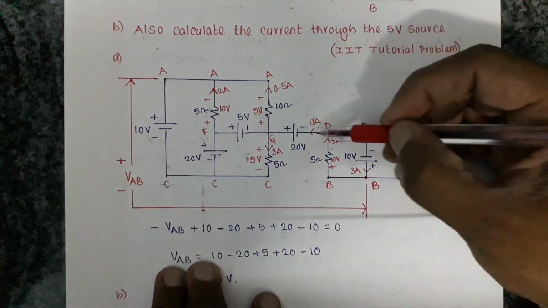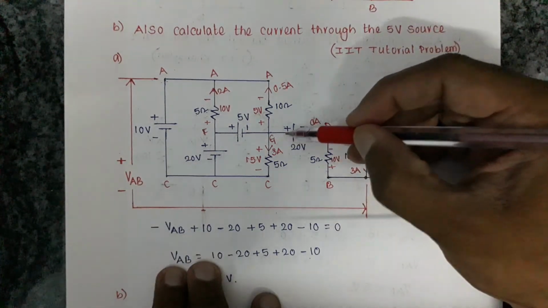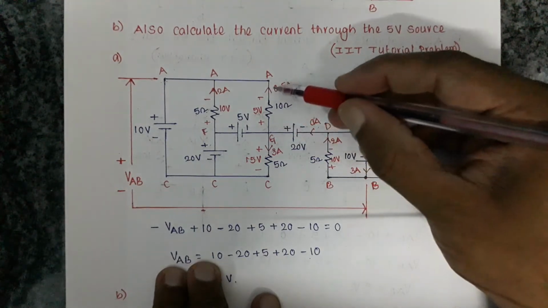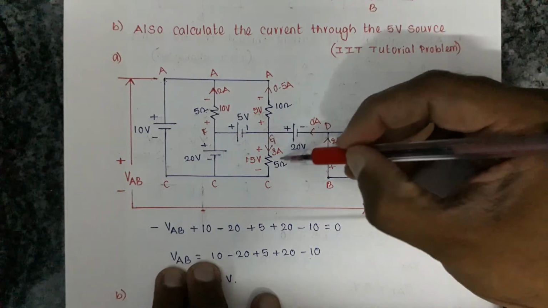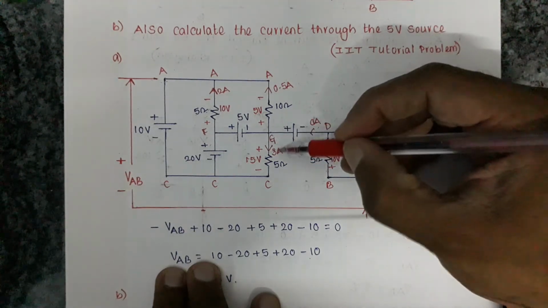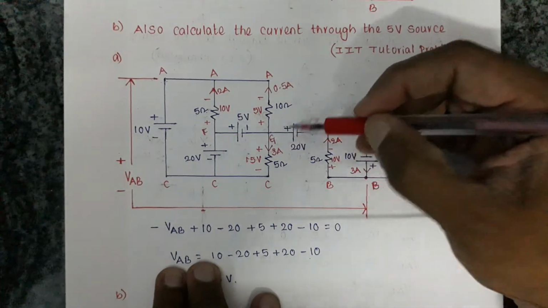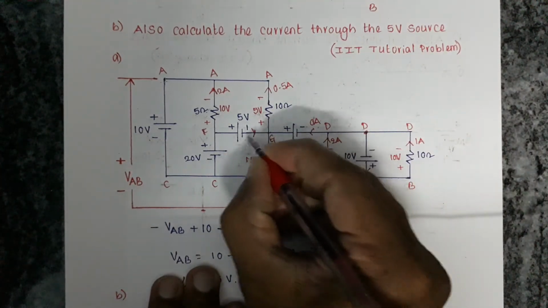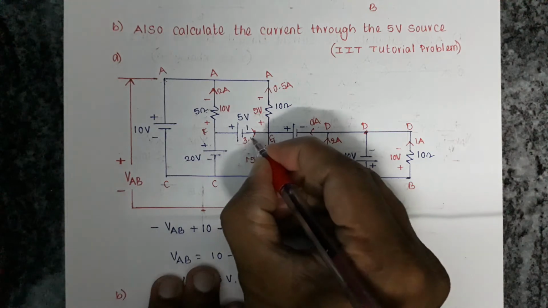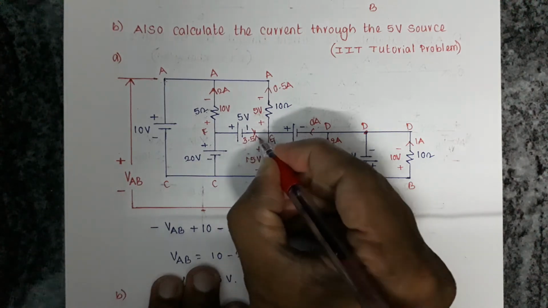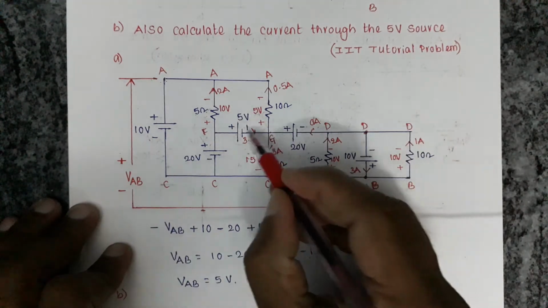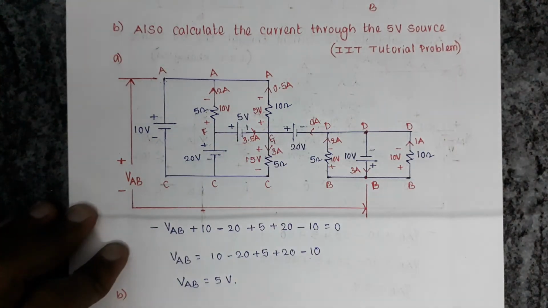So here 0 amperes is coming from this 20 volt source, but the current in this is 0.5 amperes and the current in this is 3 amperes, which means 3 plus 0.5, 3.5 amperes, is coming from this source. There is no other way, so that 3.5 should come from the source. So the current in the 5 volt source is 3.5 amperes.